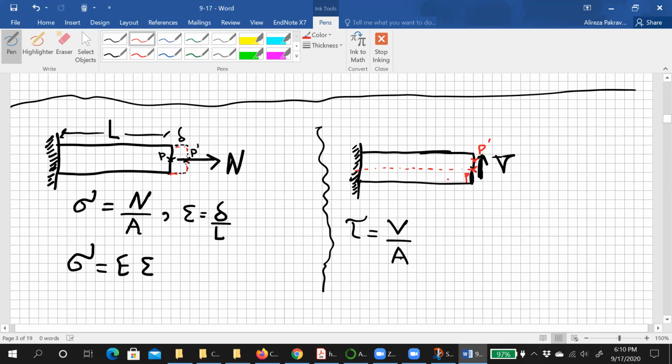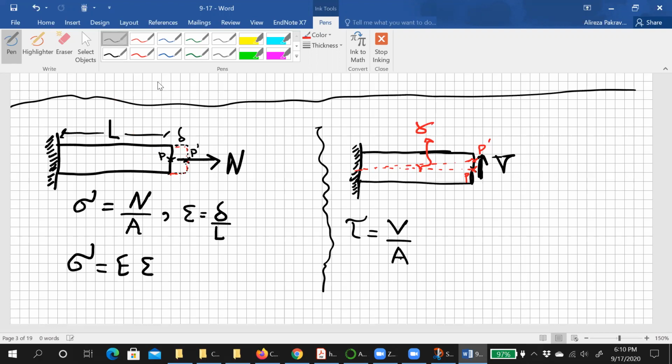But the strain based on the shear could be measured like this. Just add another line here, and then look at this angle. Let's call this angle gamma.